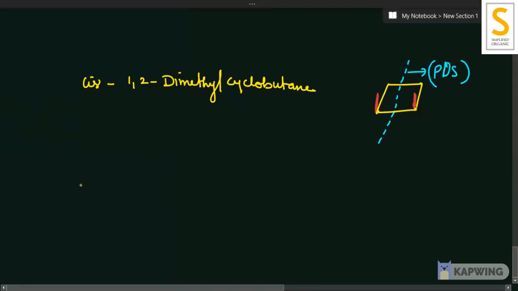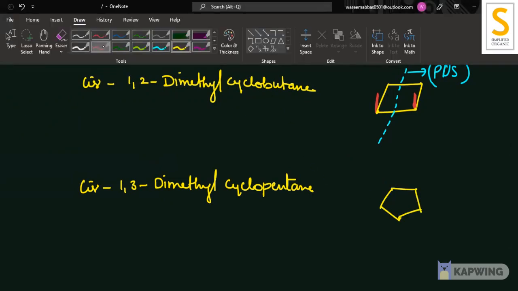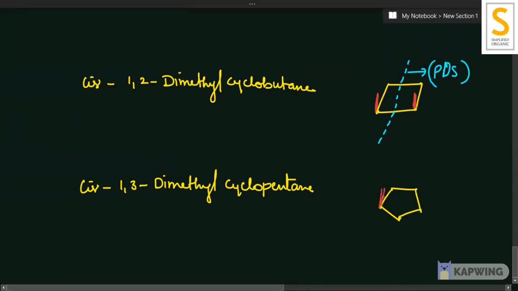One more example, like cis 1,3 dimethyl cyclopentane. Now this is the cyclopentane, and these are the methyl groups.